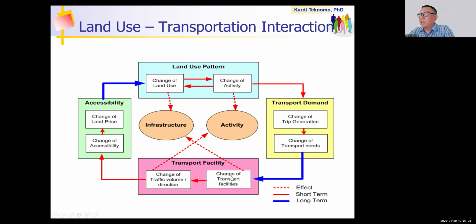And this change in the transport facility will eventually change the accessibility to that piece of land. And because accessibility to the land changes, then the land price changes. That change in the land price will trigger the change of the land use. So then we have this feedback loop.